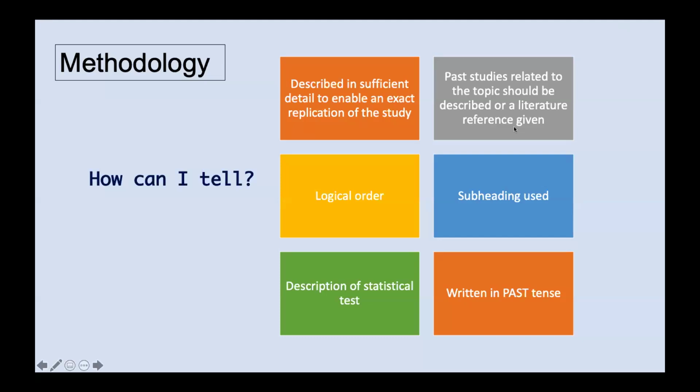Let's say we use previous methods, we need to highlight the reference. Of course, maybe some of us use previous methods with modification, but you still need to give the reference, even though it's been modified in our study.